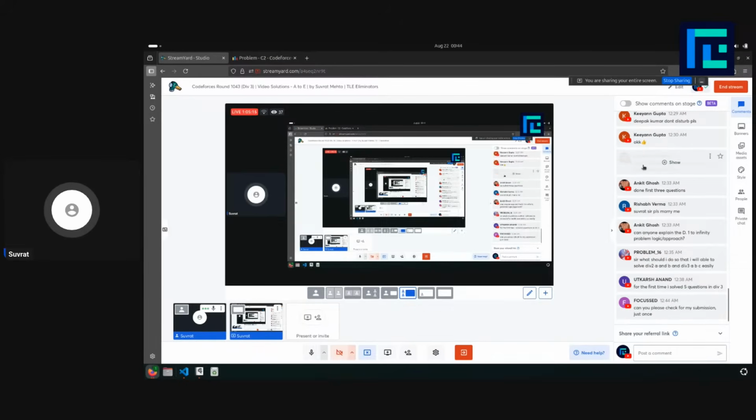Right, the base 3 and C, can we convert the highest or higher one to smaller? Yep, that is right. That is the approach for this problem. Sir, what should I do so that I'll be able to solve Div 2 A and B and Div 3 A, B, C easily? Just keep giving contests regularly and keep practicing.